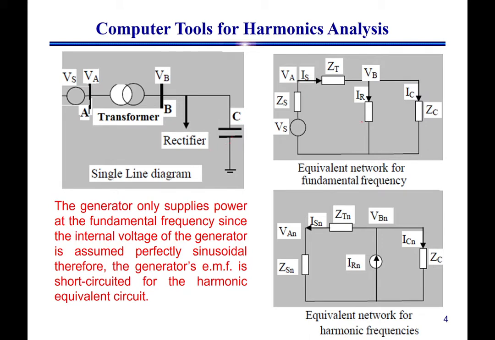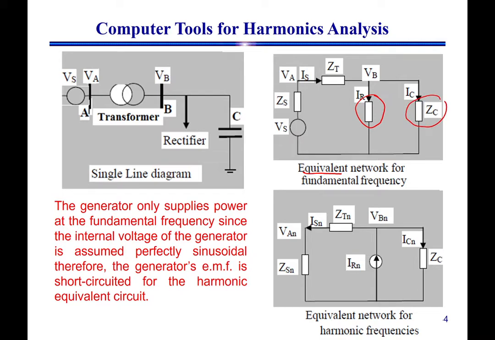Okay, so this is the equivalent network. At the fundamental frequency, we have the source, the source impedance, the transformer impedance, and then we have the non-linear load, and we have the capacitor bank connected over here.